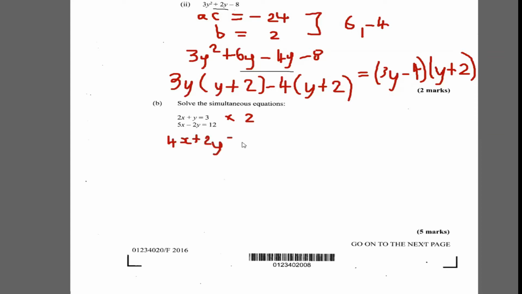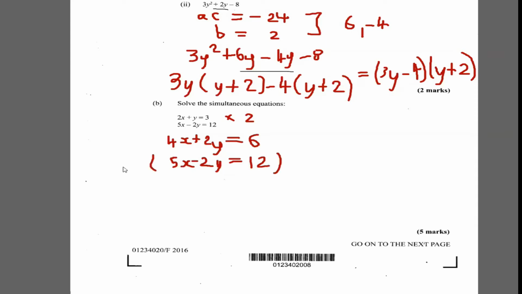So you get 4x plus 2y equals 6. Then the second equation is still 5x minus 2y equals 12. So what you're going to do is add these two equations.